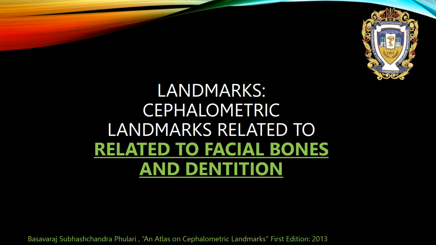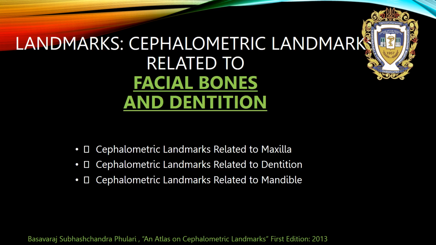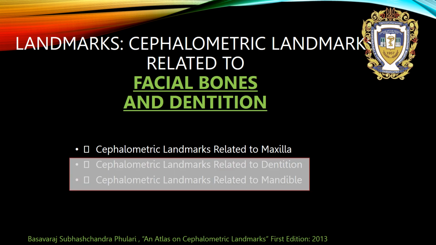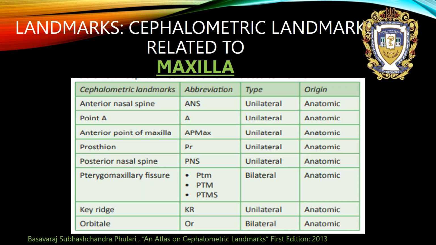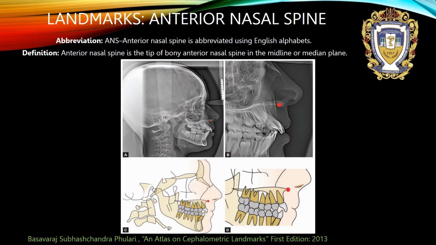And landmarks related to facial bones and dentition. Cephalometric landmarks related to maxilla. As you can see, there are so many points, and the most important are anterior nasal spine, ANS abbreviation.